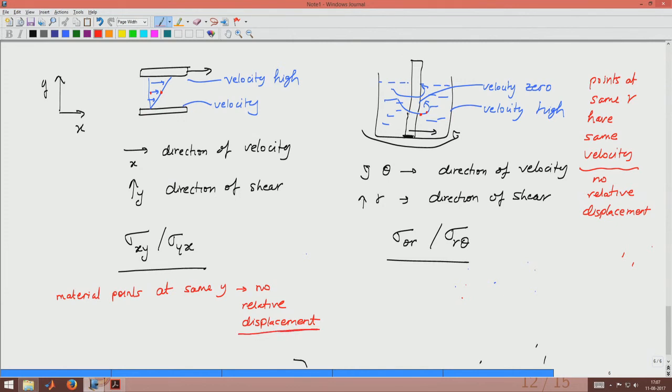We are talking about displacement, which is how much a material particle gets displaced by. We are talking about velocity, which is how fast or slow the material points are getting displaced, and clearly what is more important in all of these cases is the relative displacement or the relative velocity.